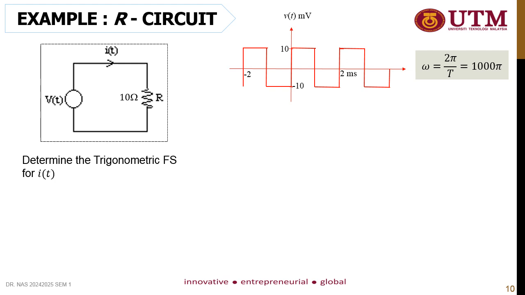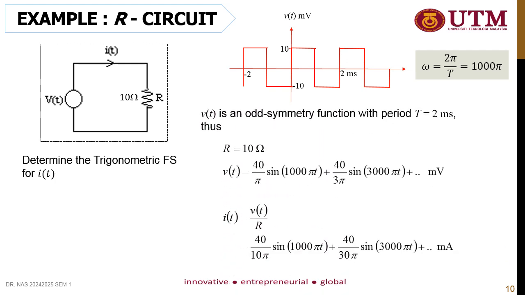Okay, let's look at this example when you have only one passive component in the circuit. You need to determine the trigonometric Fourier series for i(t). Given is the v(t), so you need to get the exponential Fourier series for v(t), and then get the trigonometric equation, then you can solve for i(t).